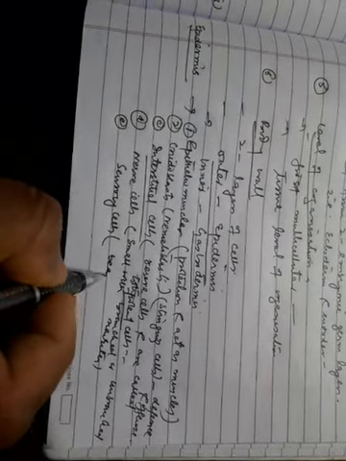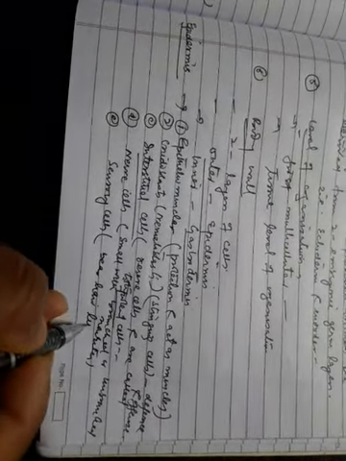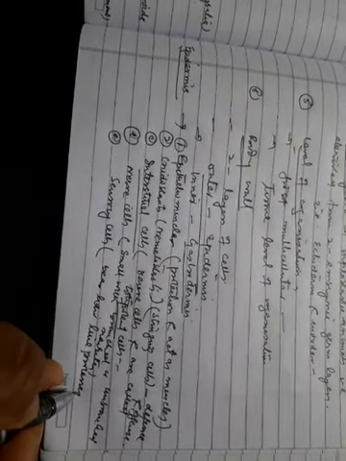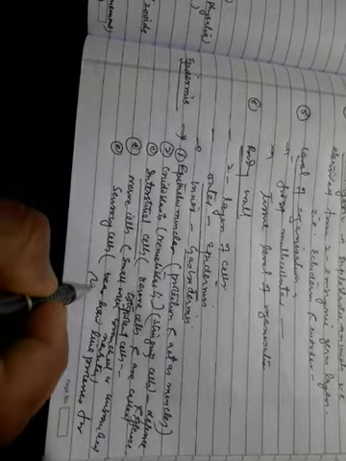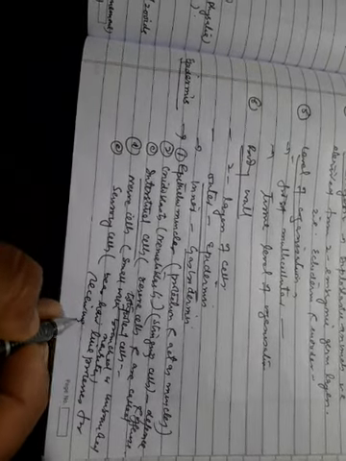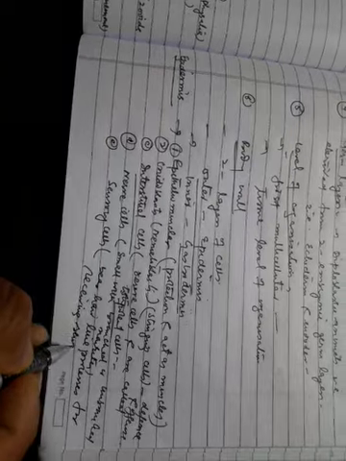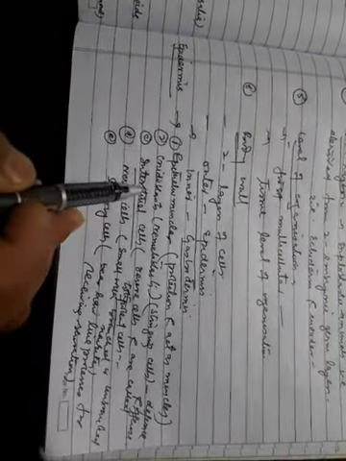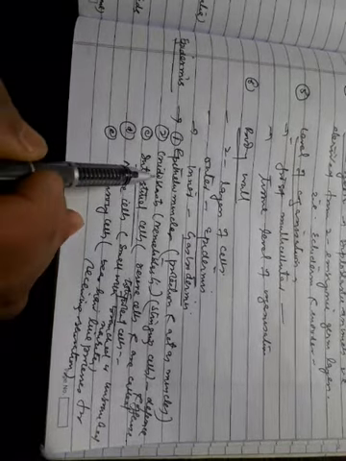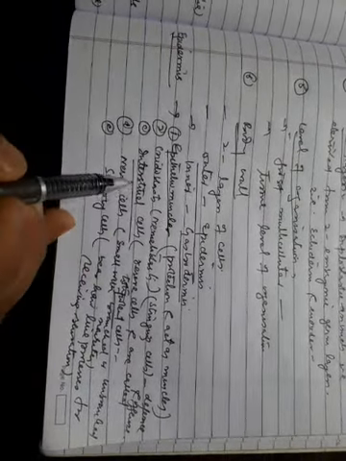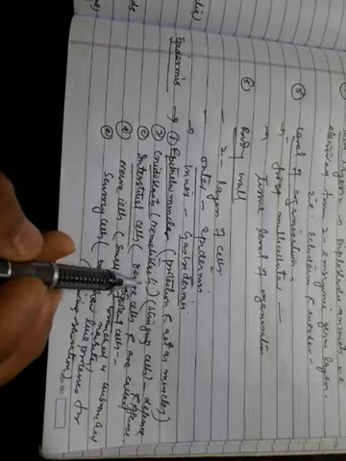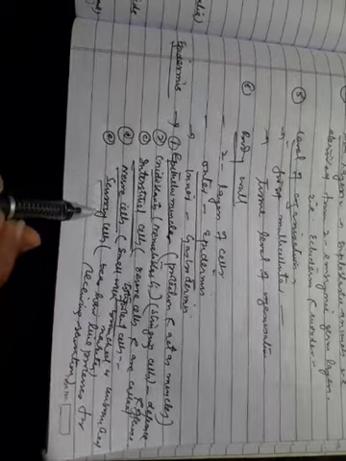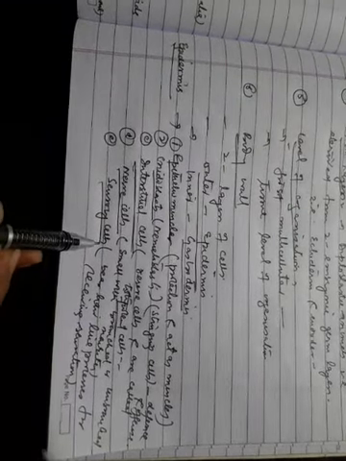These cells bear hair-like processes for receiving sensations. This was about the cells of epidermis. So epidermis consists of these cells: epitheliomuscular cells, cnidoblast cells or nematoblast cells, interstitial cells, nerve cells, and sensory cells.